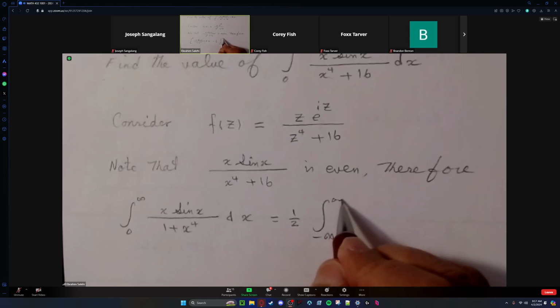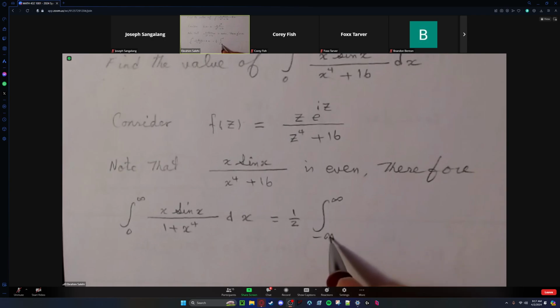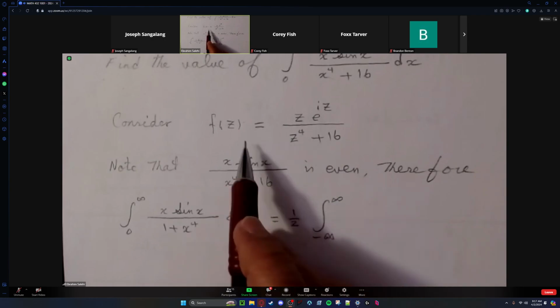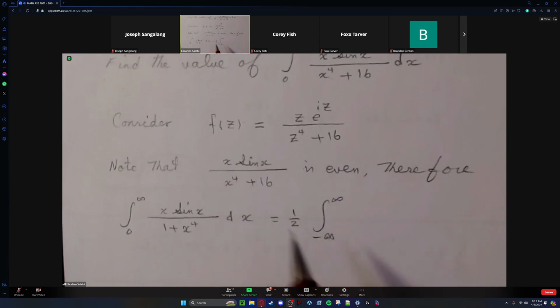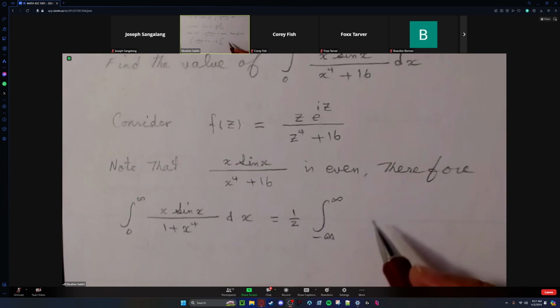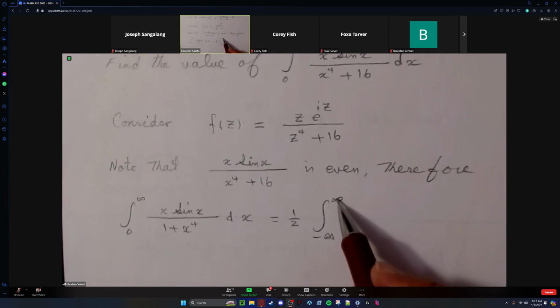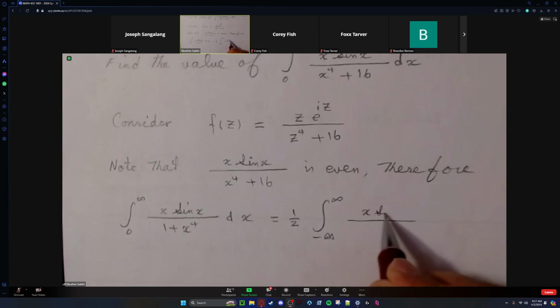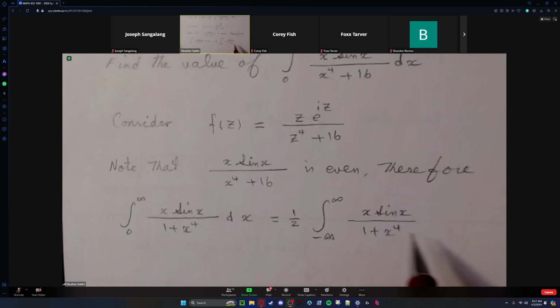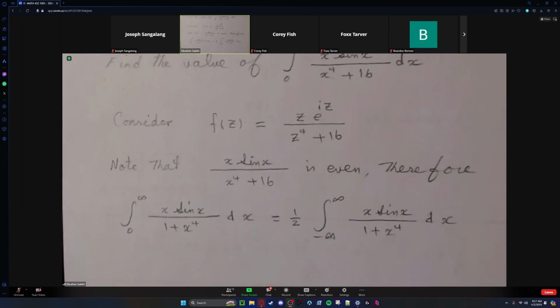Okay? Because if we want to integrate this on that semicircular contour, we get this one. Good observation.